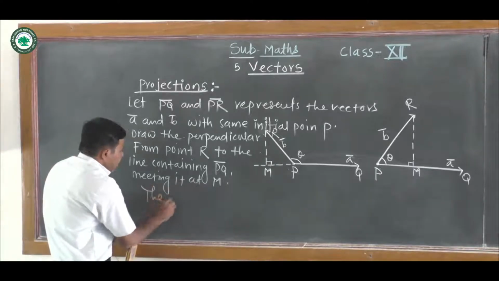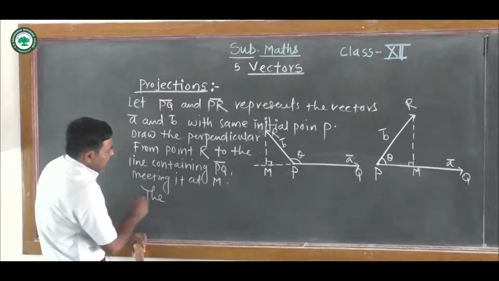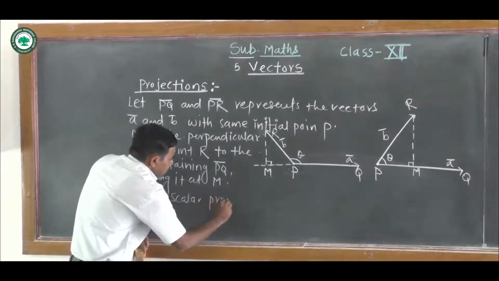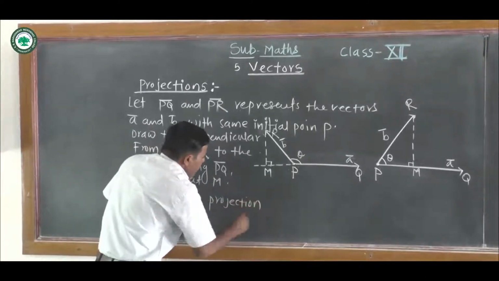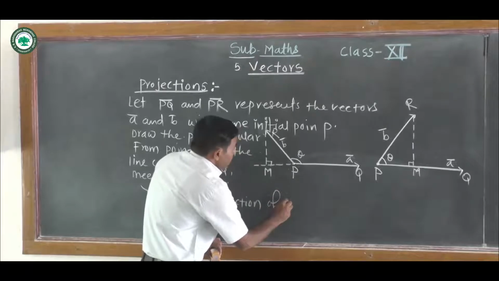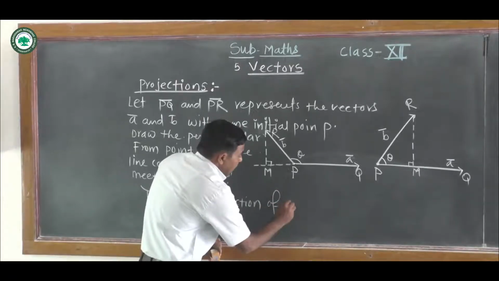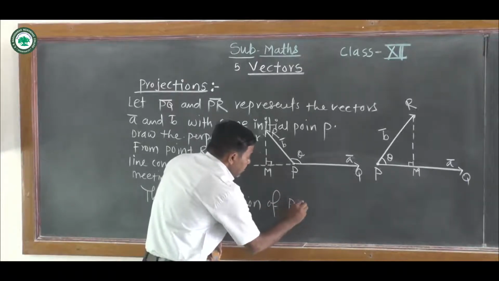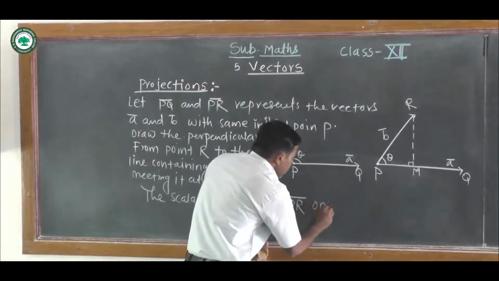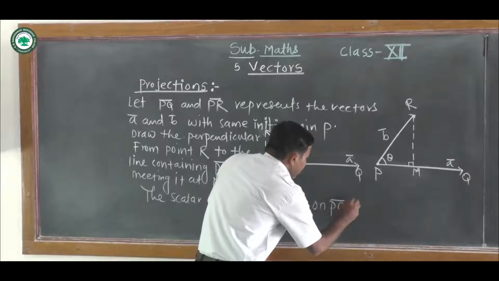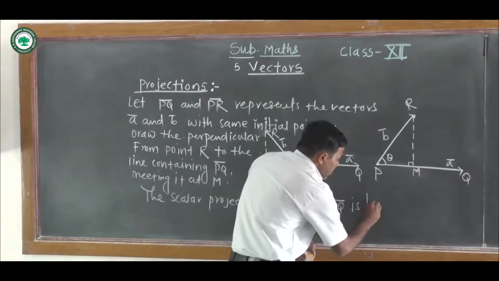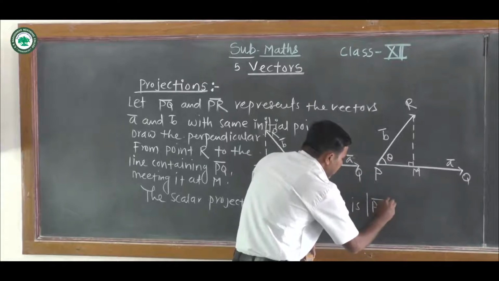The scalar projection of PR bar, that is B bar, on PQ bar is the magnitude of vector PM.